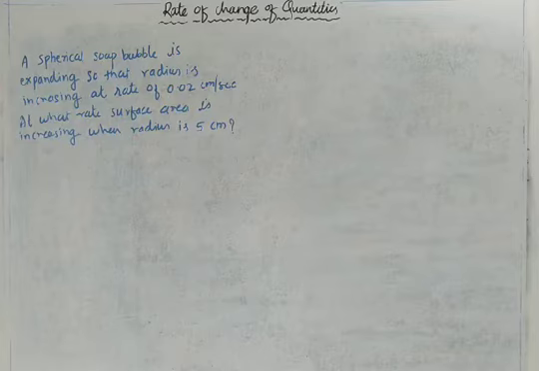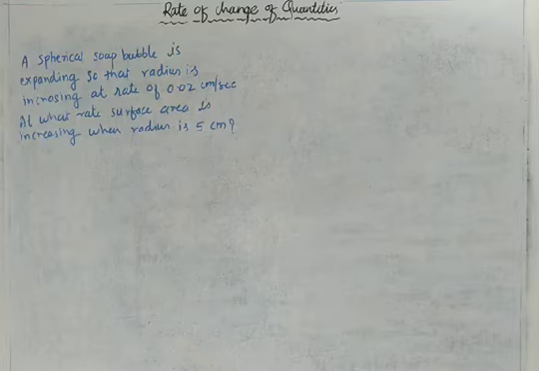When you start blowing air, the bubble will be small, and the more time you spend, the bubble will become bigger, and after some time it evaporates. So now that example is also part of rate of change.